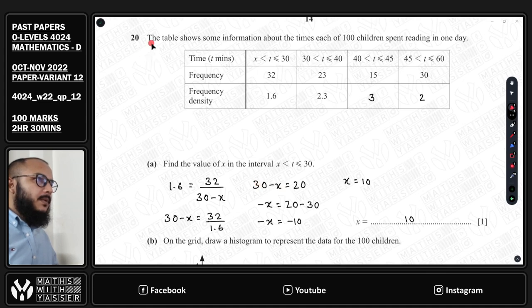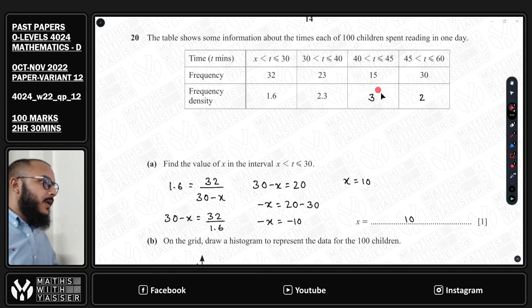Question number 20. The table shows some information about the times each of 100 children spent reading in one day. So these are the times, these are the class widths for the times, and this is the frequency for the children. And then we have the frequency density. We need to complete this table.